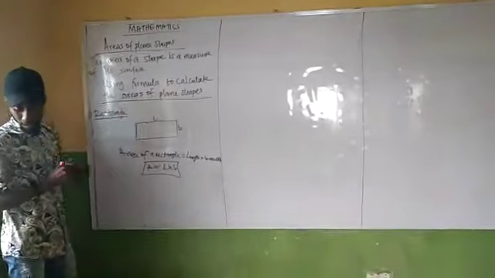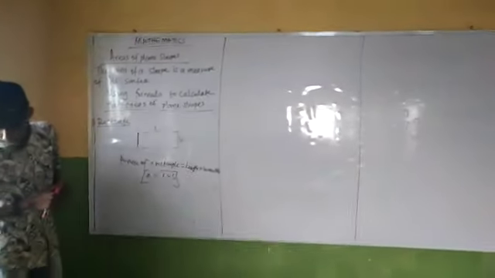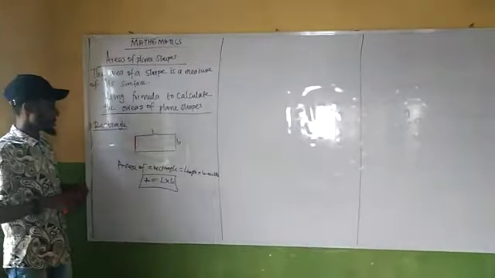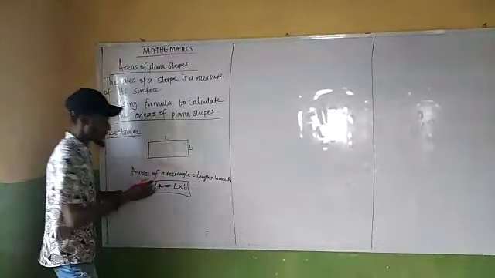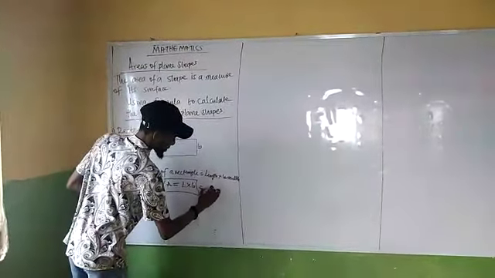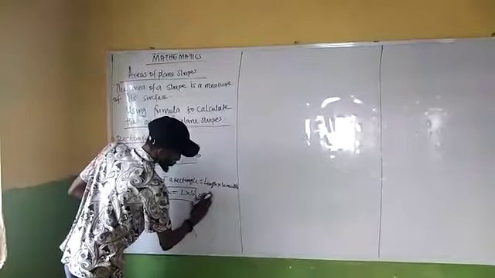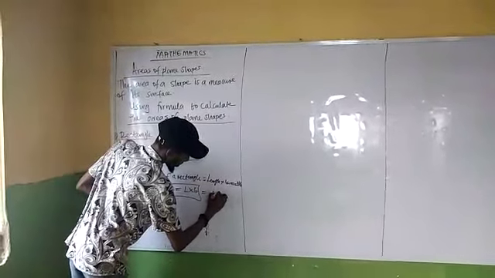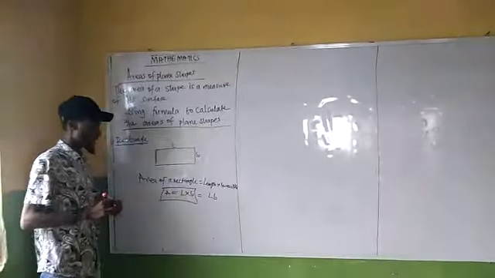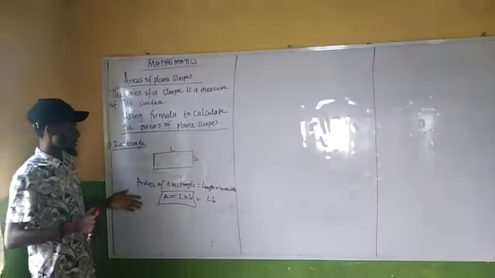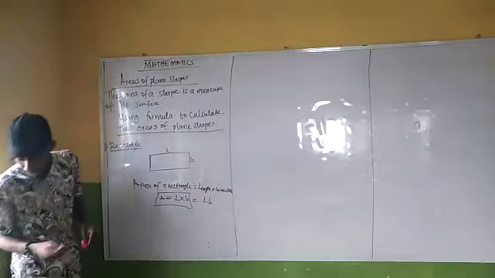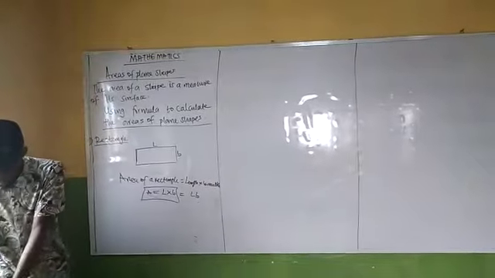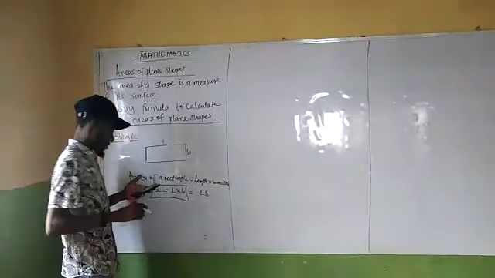This is the formula we use in determining the area of a rectangle, which you can also express as LB. So take note of that. The area of a rectangle is length times breadth. Let's look at some examples.